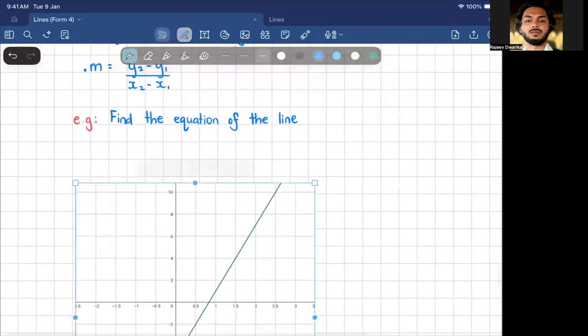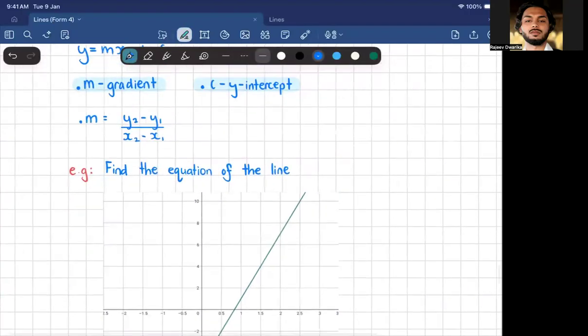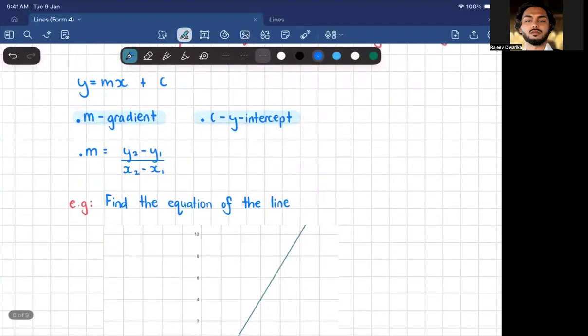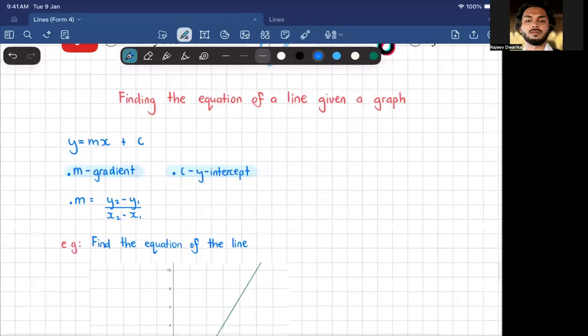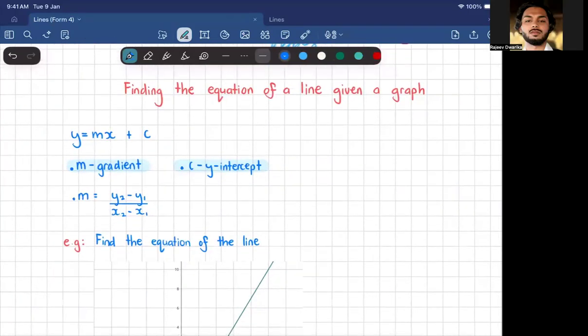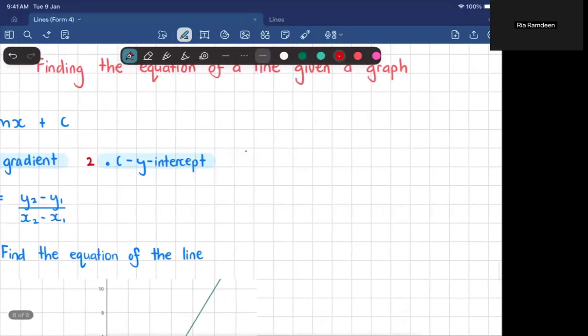So Ria, if we want to find the equation of a line, what are the two main things I need to find? The gradient and the y-intercept. Yes.